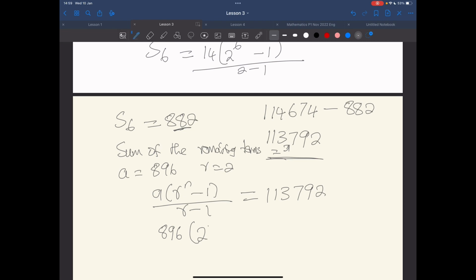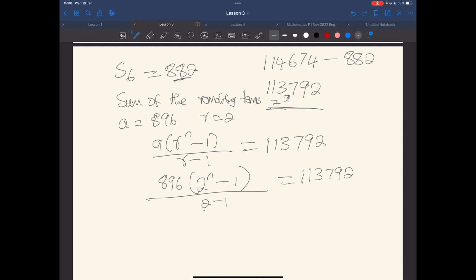The n is what we are looking for, minus 1, over 2 minus 1. This is giving us 113,792. So we are going to divide both sides by 896. We will be left with 2 to the power n minus 1 equals 113,792 divided by 896.